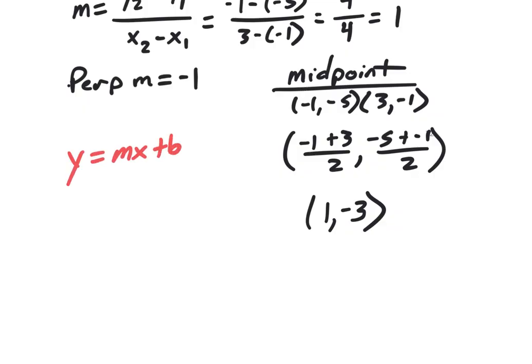Okay, finish it up. We know the m, we know x, and we know y. Once again, we don't know b. B is what our equation is missing, okay? We're going to plug everything in that we know. My y value is -3. My m is -1. My x is 1, plus b.